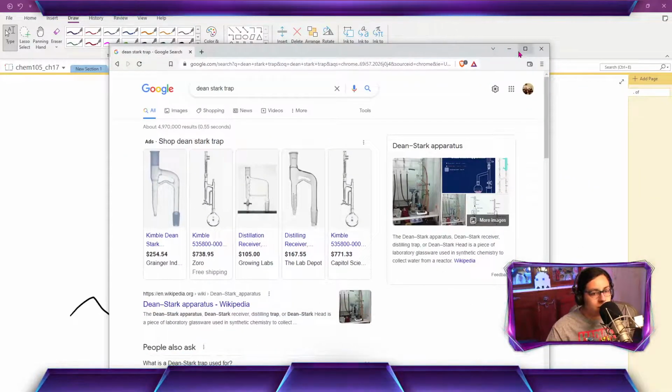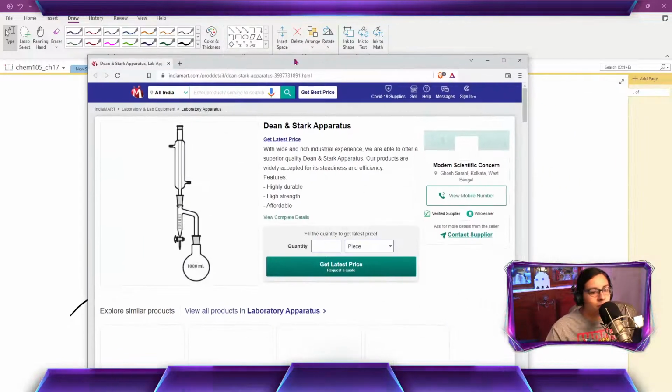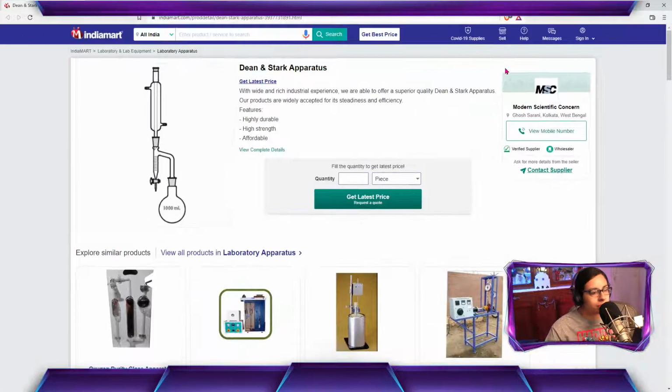And so this is a special apparatus here. So this is a Dean Stark apparatus, specifically this part right here.